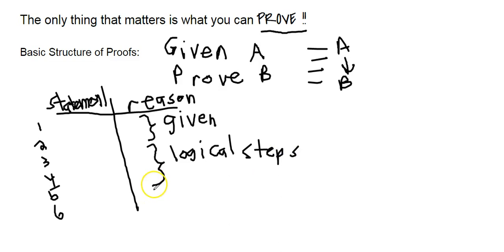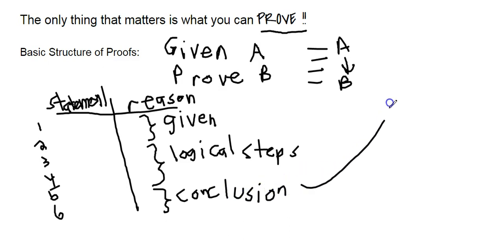And finally, you're going to end up here with your conclusion. Okay, your conclusion should be your proof step. So your conclusion here should be this, just about every time.